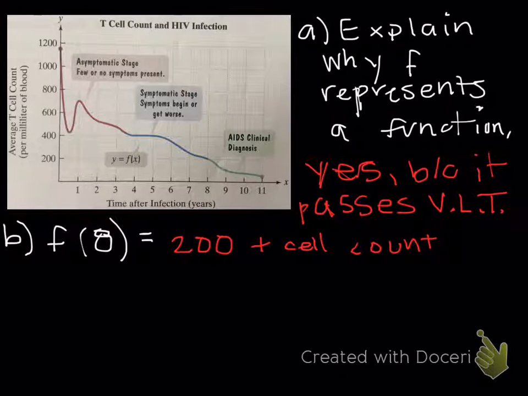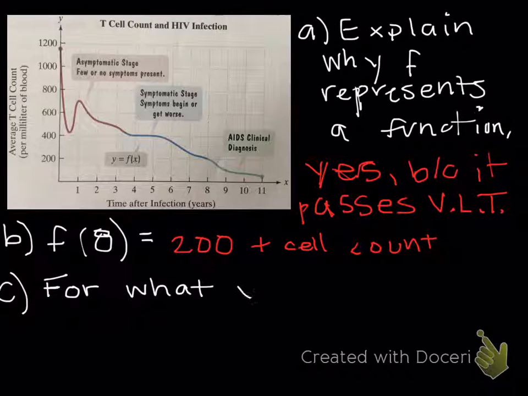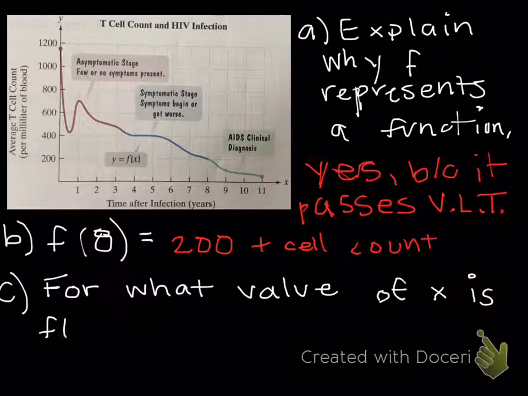Let me erase that. Oops. Letter C says for what value of x is f of x 350? So let me write this down so you get used to seeing this notation. So for what value of x is f of x equal to 350?